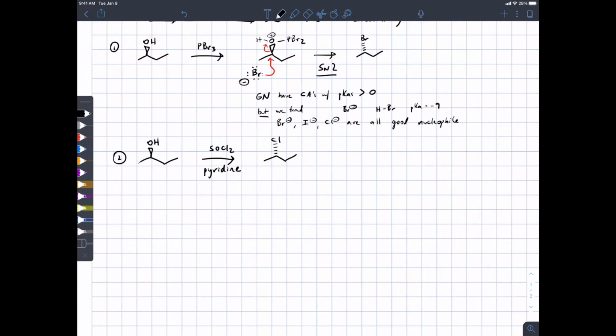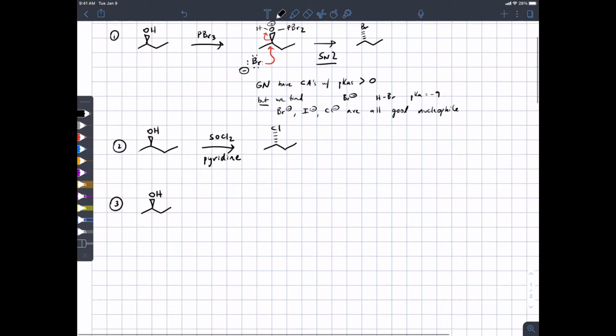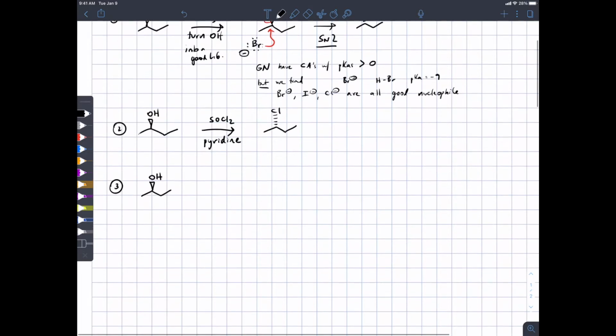Finally, towards the end of last time, we talked about a method of turning OH into a good leaving group without being forced to do this immediate SN2 reaction. For reactions 1 and 2, your first step was turning OH into a good leaving group, and then that was immediately followed by a substitution reaction.